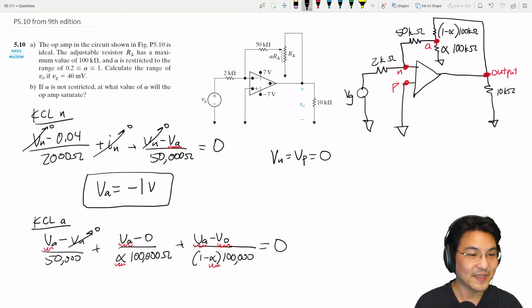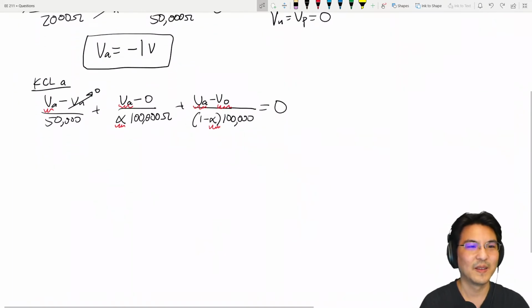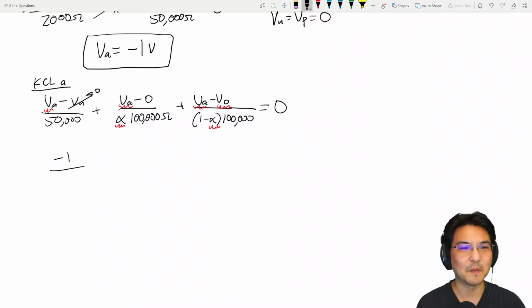Oh, which means I can just plug it in right there, and there, and there. Can I just do that immediately? Okay, -1 over, okay, can I multiply this entire equation by 100,000? If I multiply everything by 100,000, then this is -2.